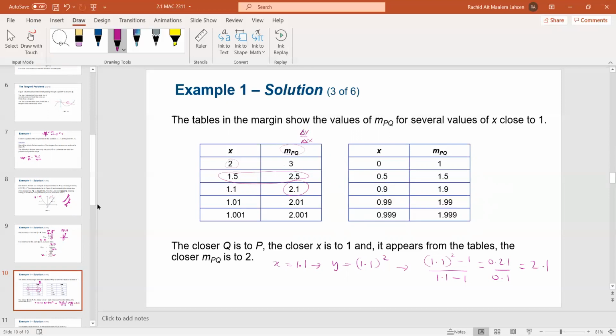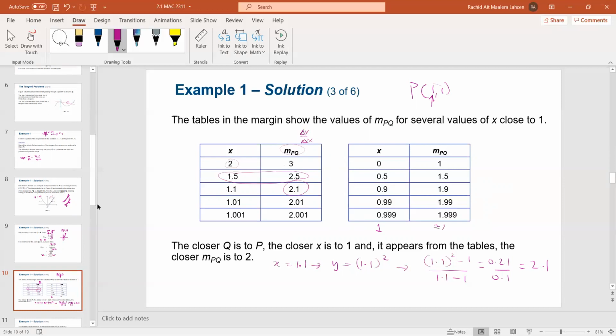So that's how this table could be. As you see, Q and P is (1, 1). As we get closer to 1 with this x, what happens? You see this number 3 decreases to 2.1, 2.01, 2.001.